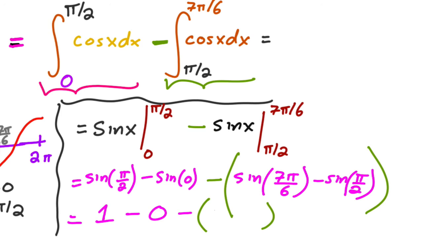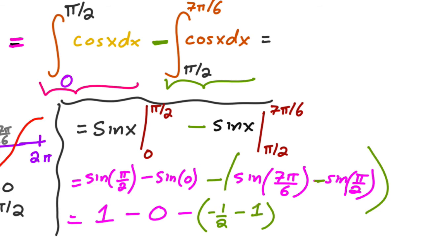Sine of 7 pi over 6, according to my unit circle, is going to be negative 1/2. Sine of pi over 2 is positive 1, but I have this negative sign here.